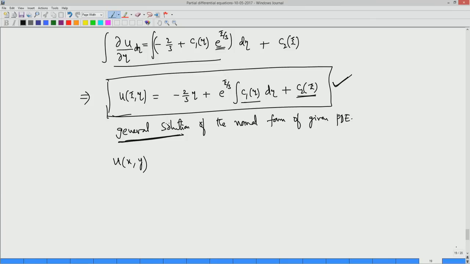Xi and eta are y minus x and 4y minus x. So, u of xi eta becomes u as a function of x and y, which is minus 2 by 3 times eta, that is 4y minus x, plus e power (y minus x) by 3 times the integral of C1 of 4y minus x.